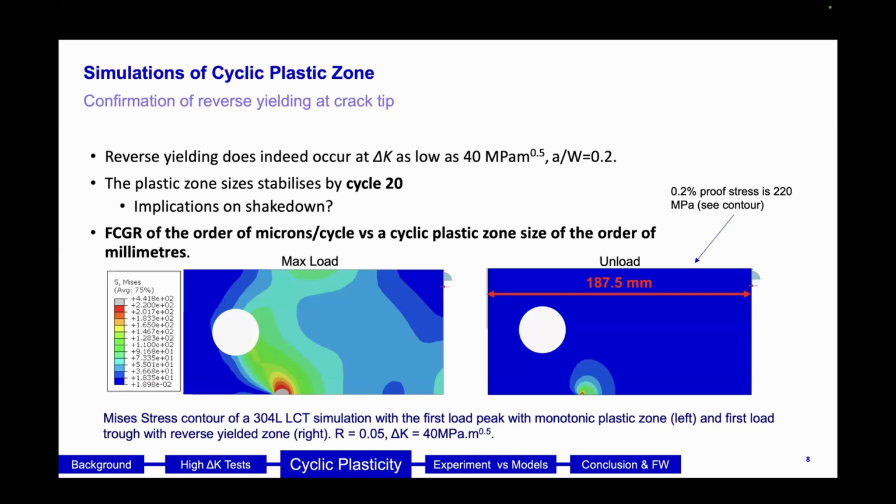And on the other side, we have a reverse yielding zone of the order of a few millimeters that reverse yields every cycle. So if you can actually reverse yield this zone multiple times before the crack even grows into this zone, you can really precondition the material ahead of the crack tip and change the way we'd calculate this with bulk material properties. So this made it look like it was plausible to observe.